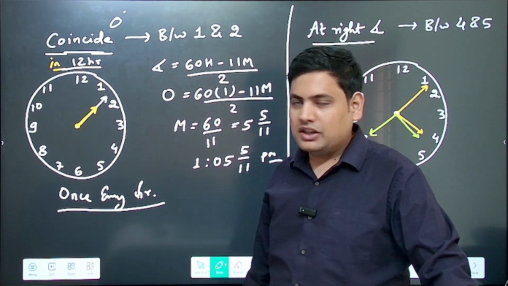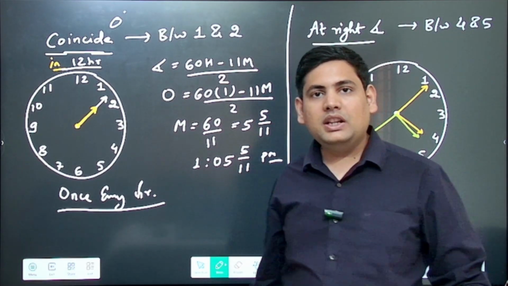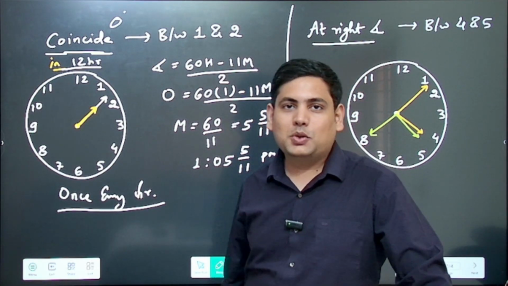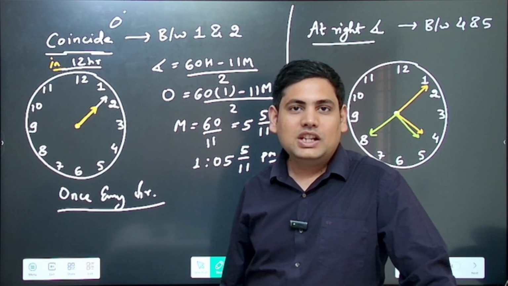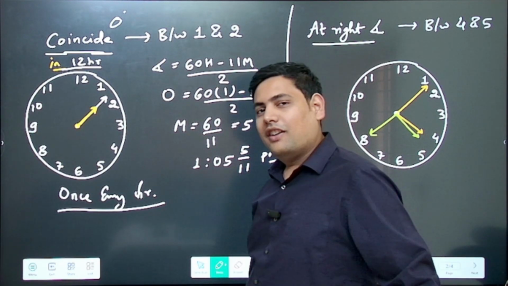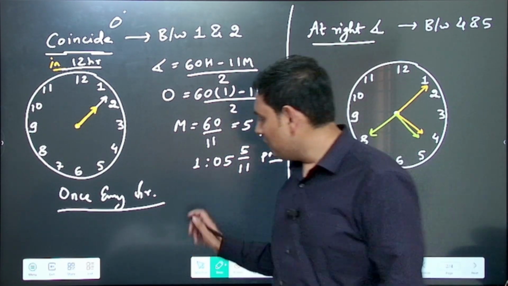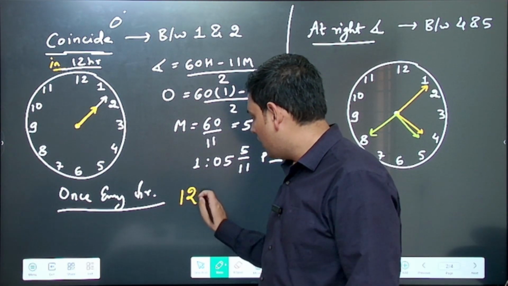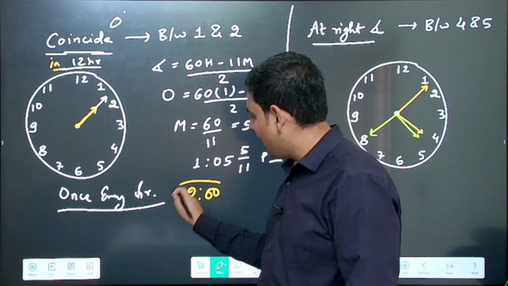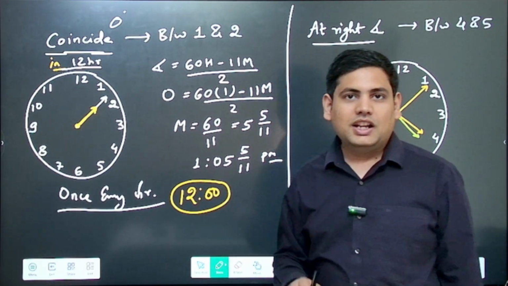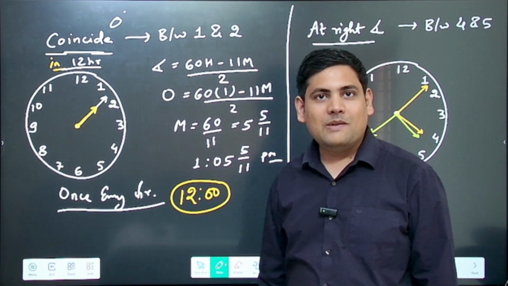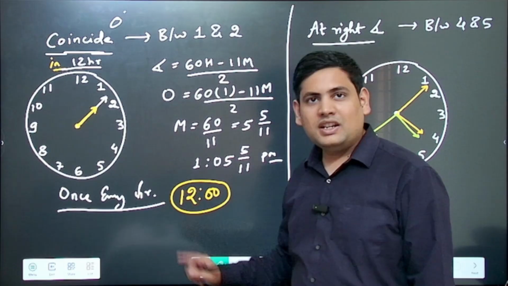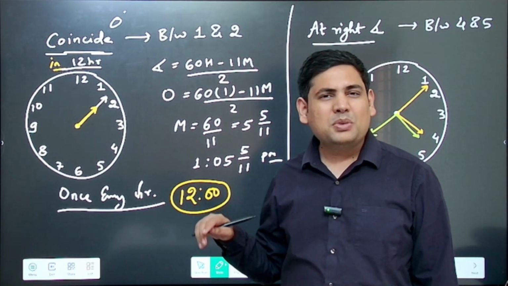What is that correction? If I ask you between 11 and 12, when does it coincide? This is the most famous one. You would know that the hour hand and minute hand exactly coincide at 12, a.m. or p.m. So I was asking you between 11 and 12.